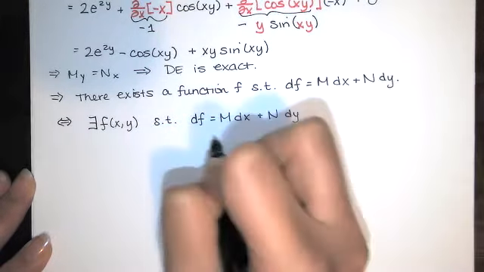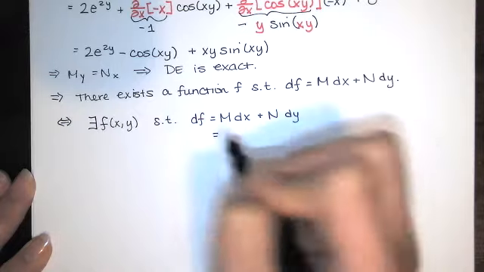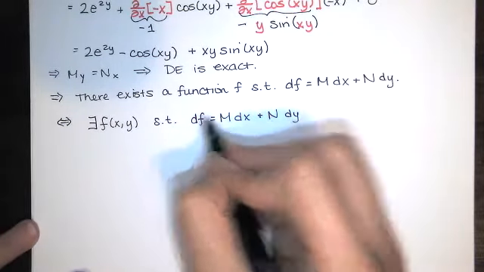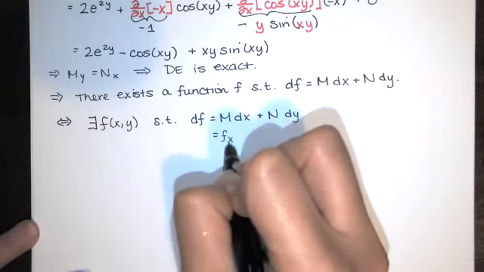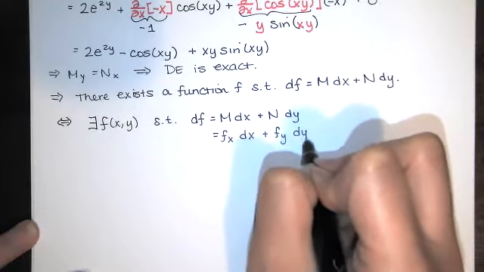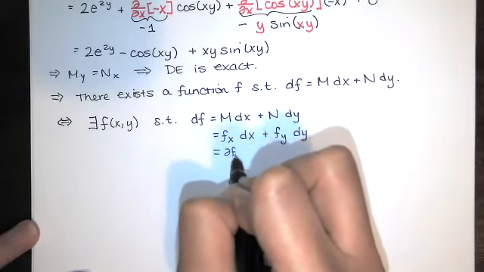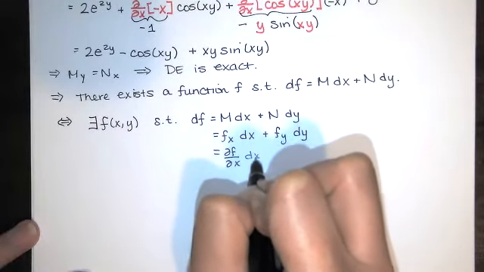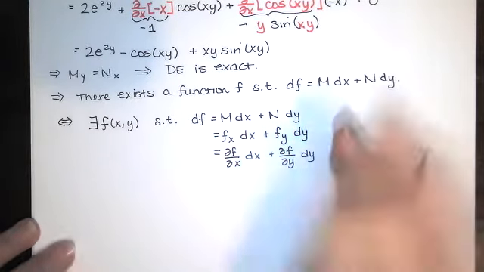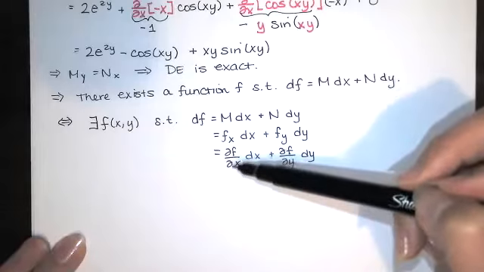Now, by definition, the differential of f is the partial of f with respect to x times dx plus the partial of f with respect to y times dy. Or if you prefer, you can use Leibniz notation. I'm writing it both ways just as a reminder. This is exactly the same as this.